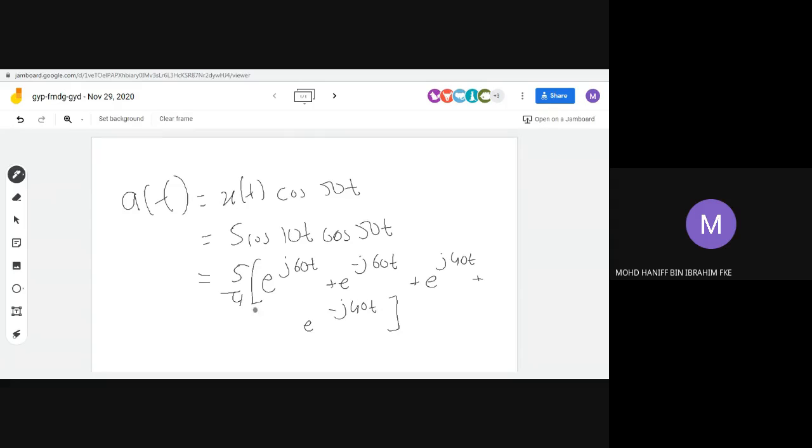In terms of the Fourier transform, A omega is equal to 5 over 2 pi, delta of omega minus 60 plus delta of omega plus 60, plus, sorry, I don't have enough space for this. I need to refer to the next page. Sorry for that.